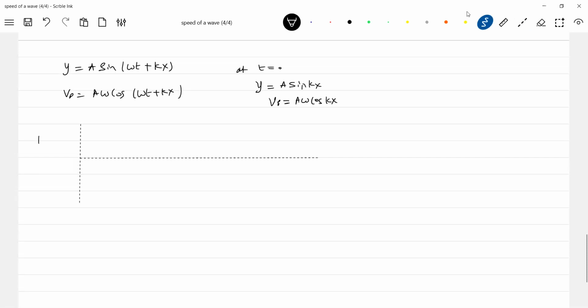Anybody? What direction should the wave propagate? Left or right? Left, no? Okay, good. Yes, it should be left.